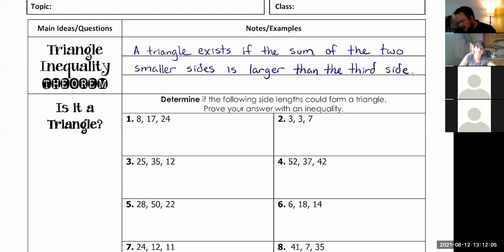So a triangle exists if the sum of the two smaller sides is larger than the third side. Obviously, the third side then meaning the longest side or largest side.